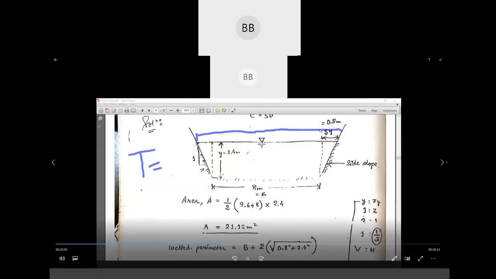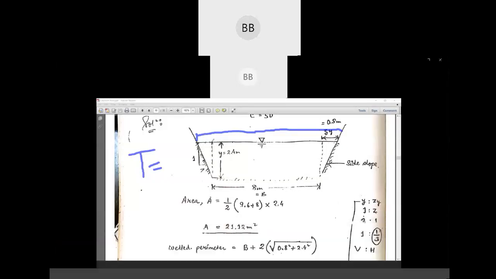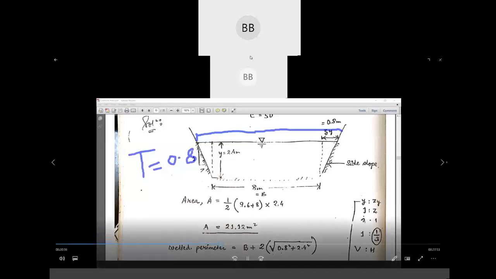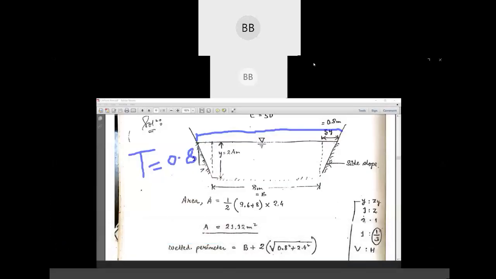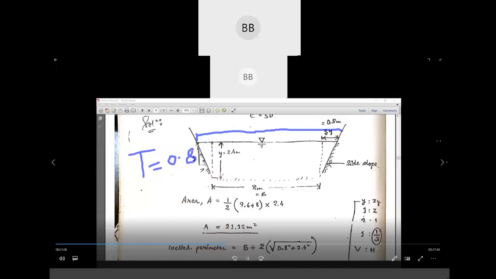This is nothing but it will be same like zy, that is 0.8, because both the side slope is same, so you are going to get the same value on both sides. So whenever you solve this numerical, you have to find out only for one side, unless and until your side slopes are different. So from here to here is 0.8.